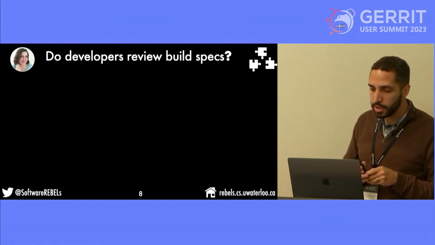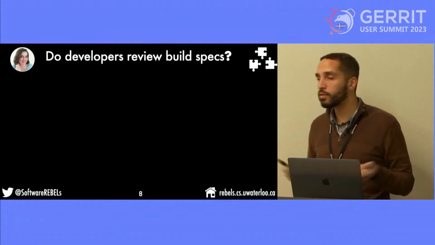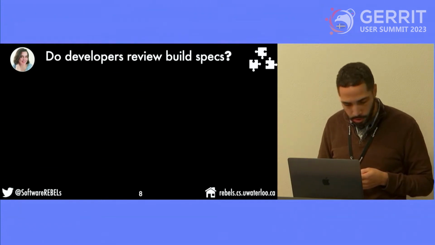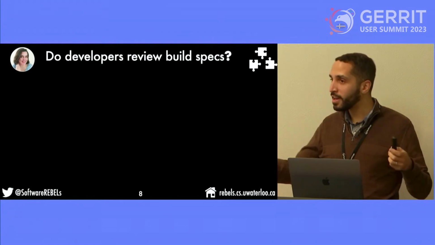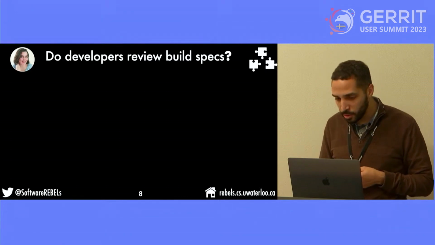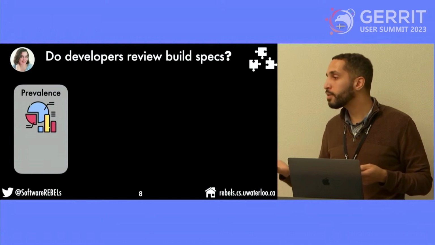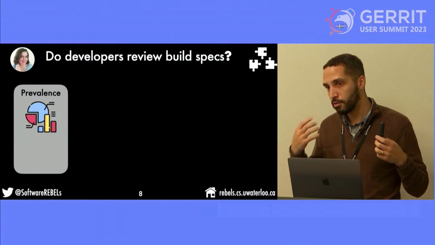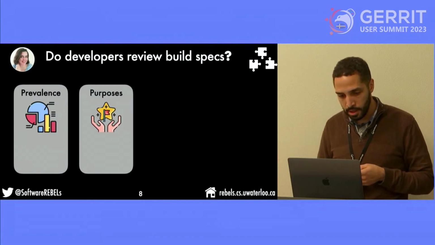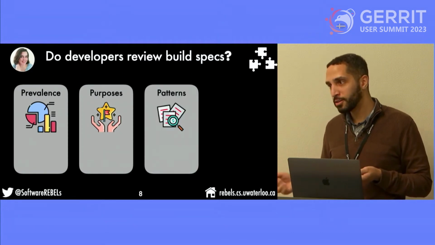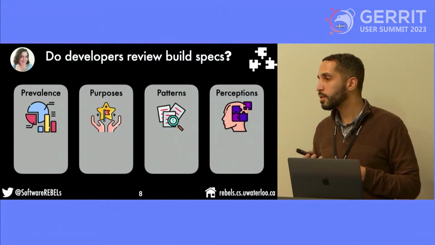So the question we asked is, do developers actually review build specs? And this is where I get to show off my poetic language. We studied 4 Ps, okay? We studied the prevalence of reviews on build specs. We studied the purposes. We studied the patterns. And we studied the perceptions.